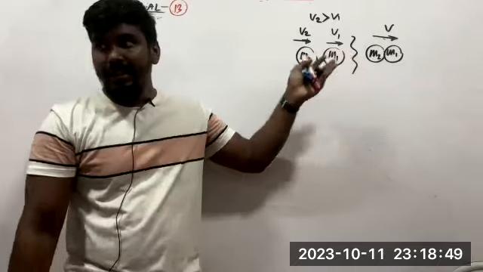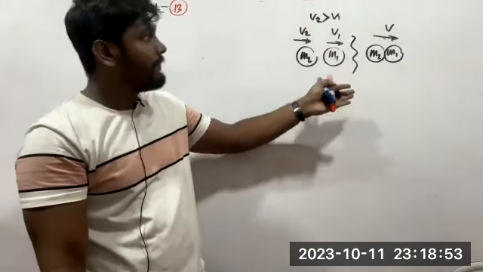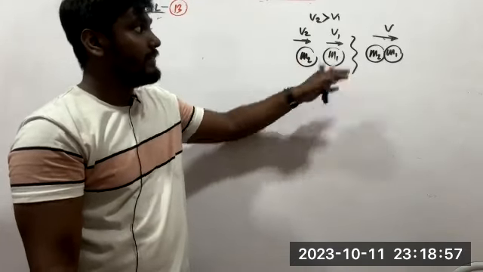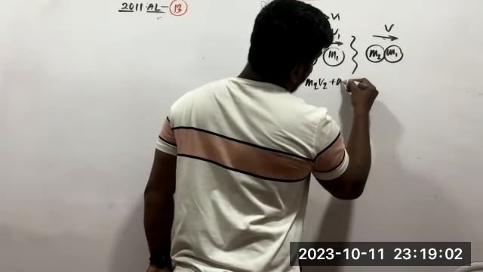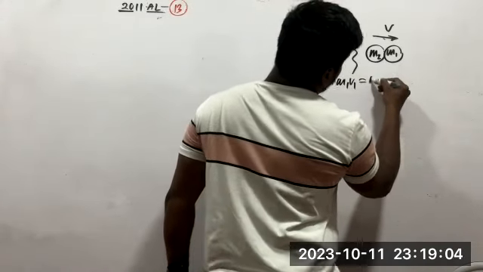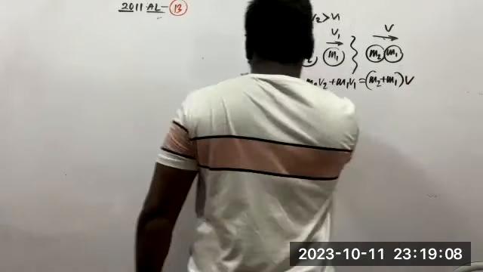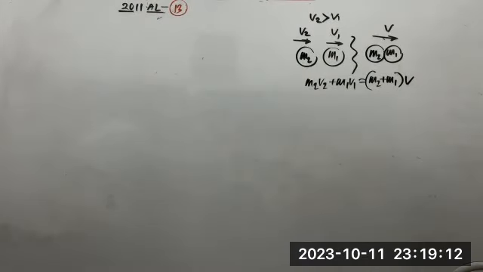Then you know how to apply it. If there is no resultant force acted on the system, total momentum before, M2 V2 plus M1 V1, equals M2 plus M1 times V. The same idea is used here.